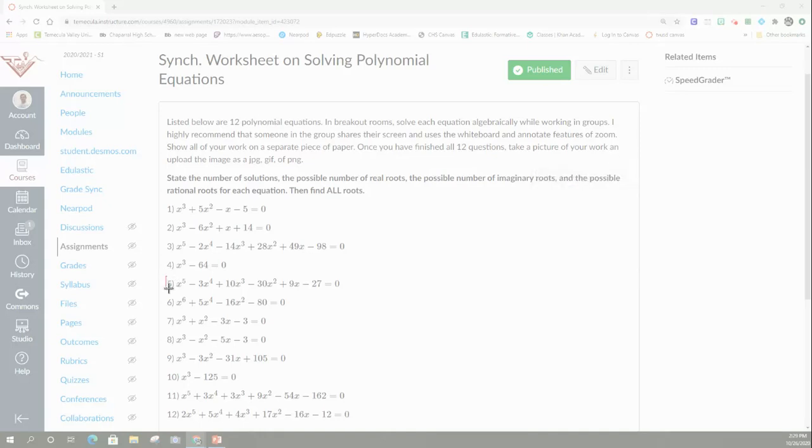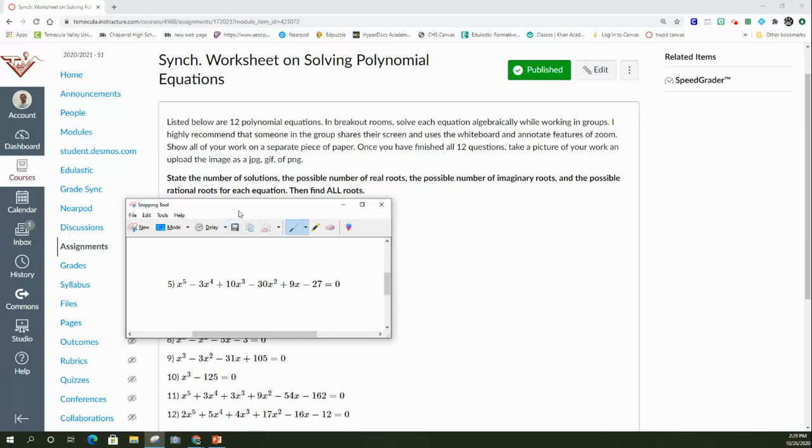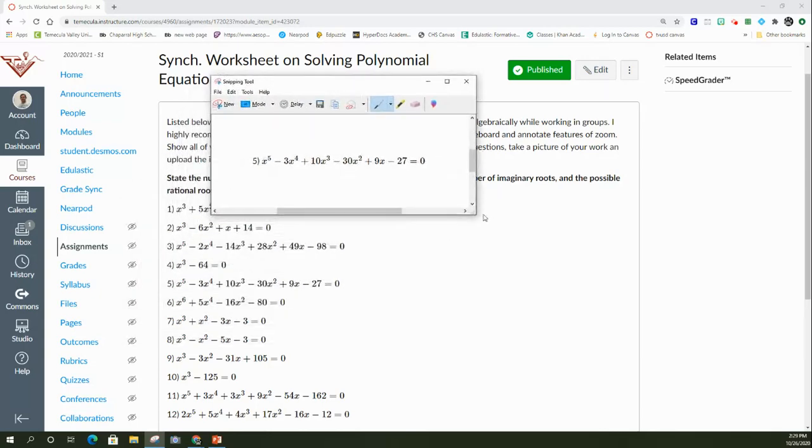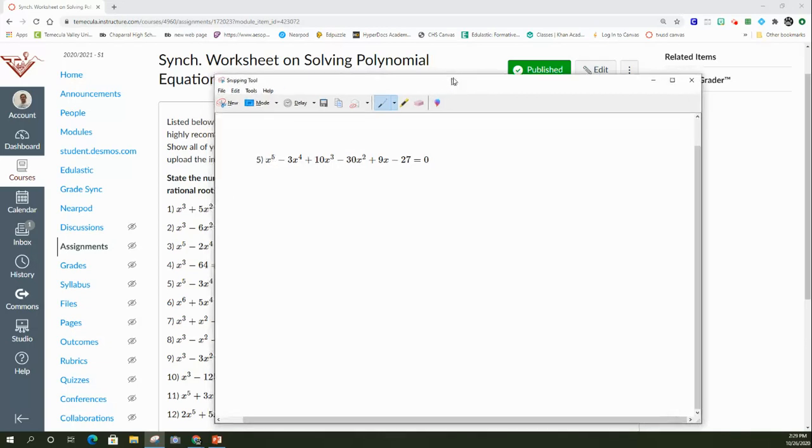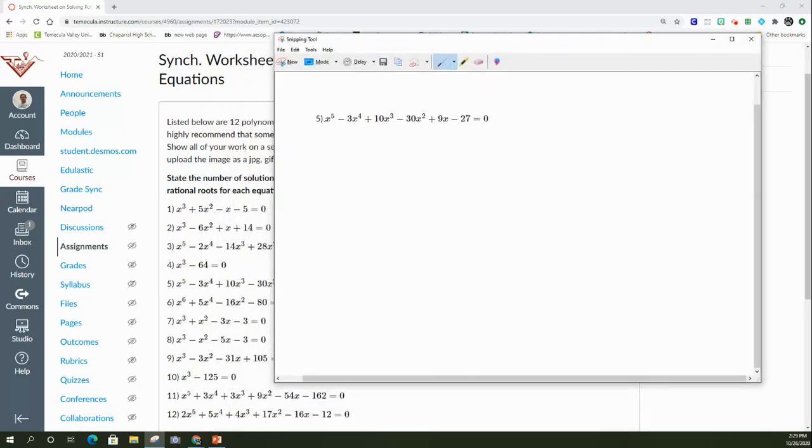Okay, let's do number 5. Again, it's a 5th degree, so it's going to have 5 roots. For the possible real, it's odd, so it's going to be 1, 3, 5.